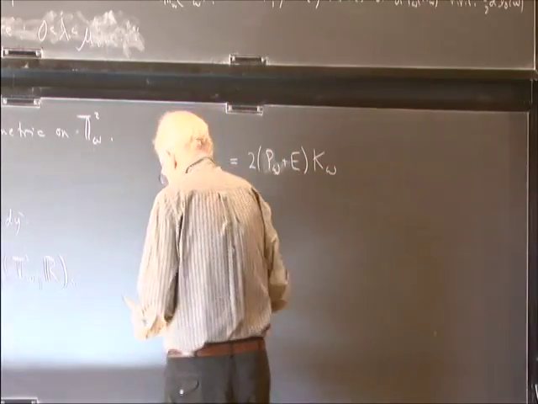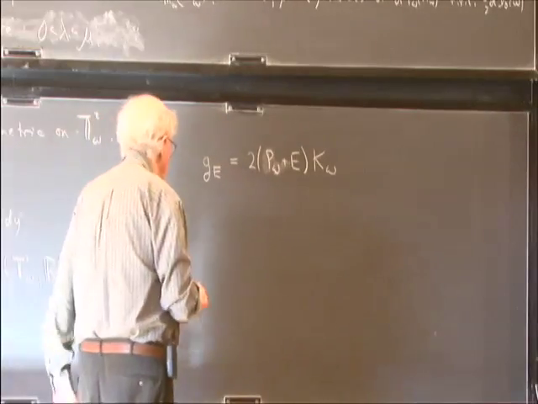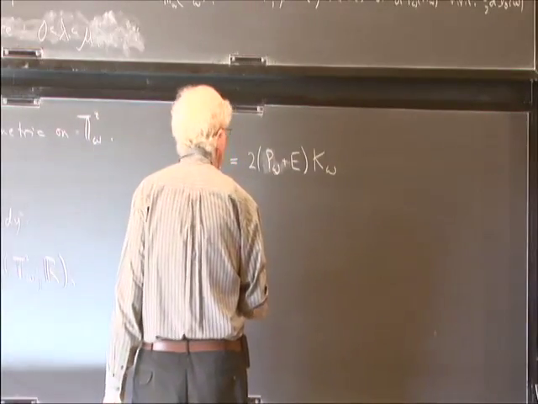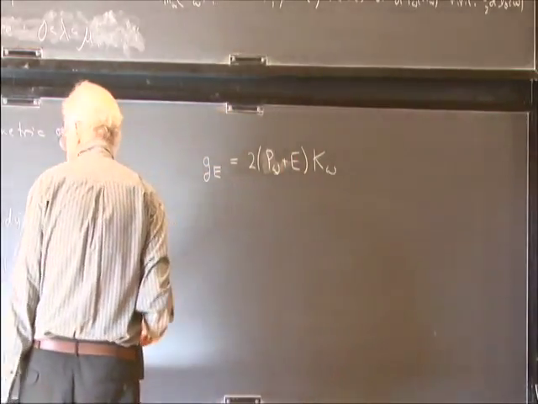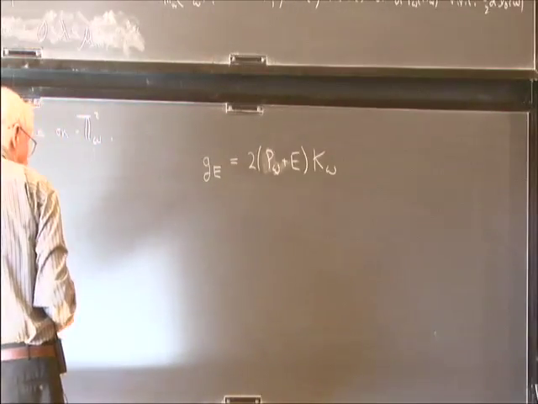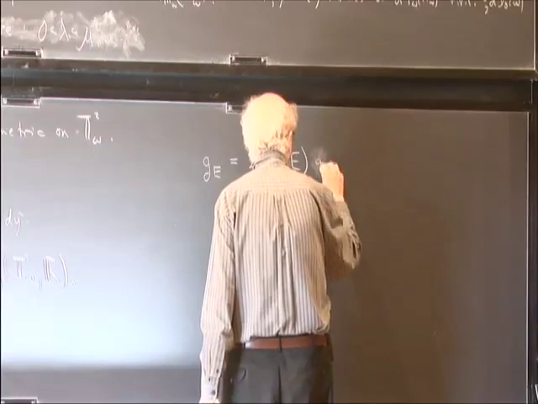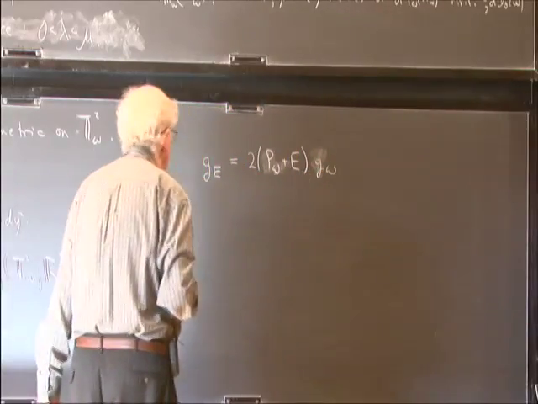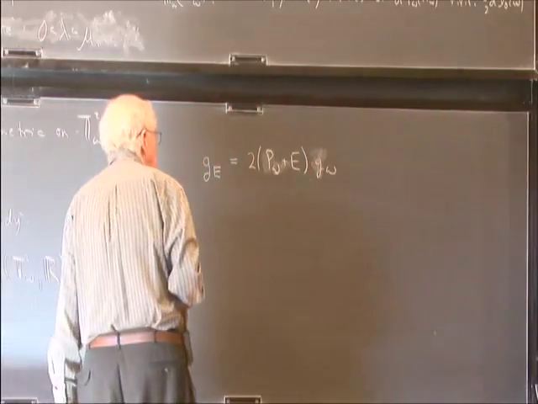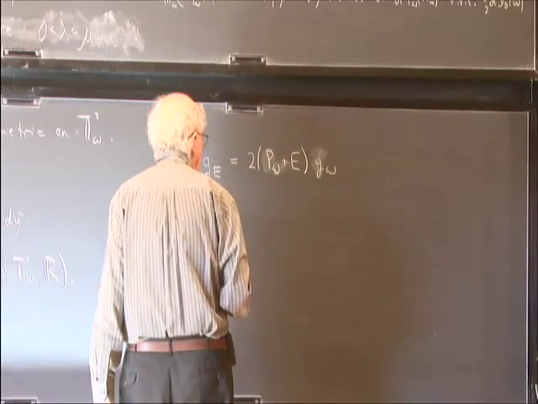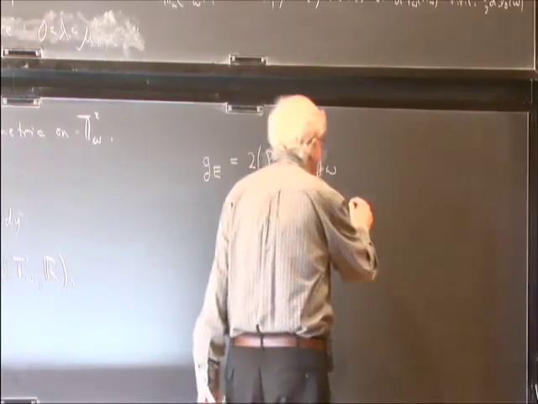Well, this is the definition other than the factor. I never know the factor. Anyway, the factor doesn't matter. I think this is g omega. Whatever. It only changes the factor. So, okay. So this is a Jacobi metric.